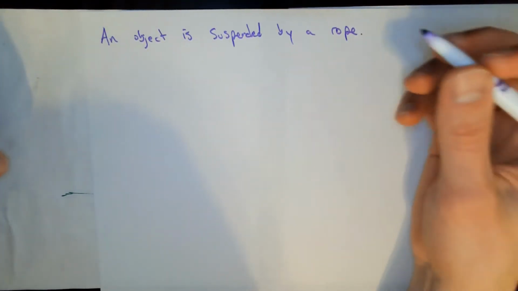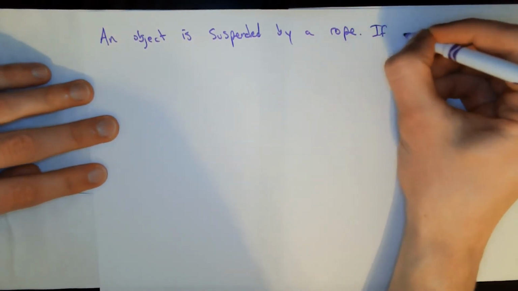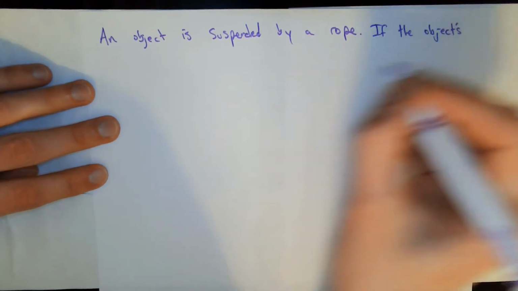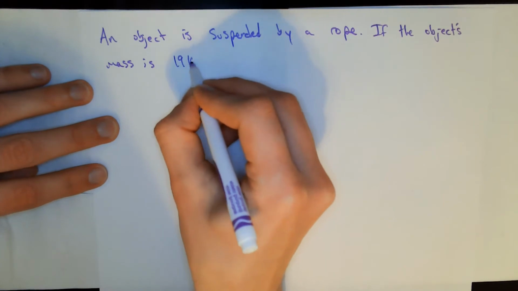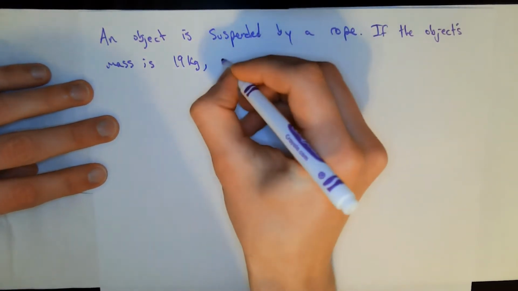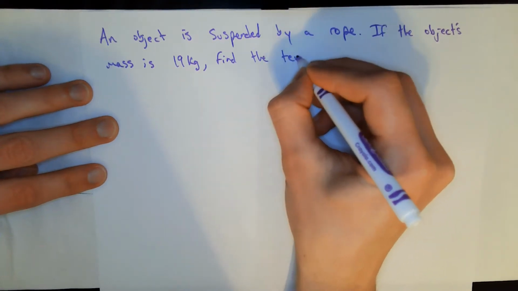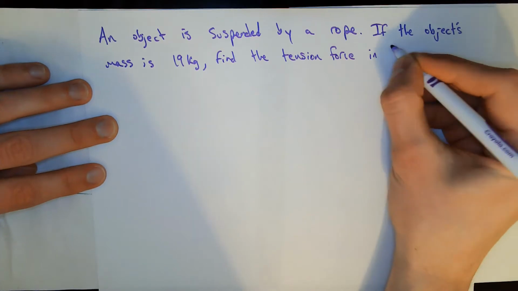It's not moving up or down or left or right, it's just suspended by a rope. If the object's mass is 19 kilograms, find the tension force in the rope.